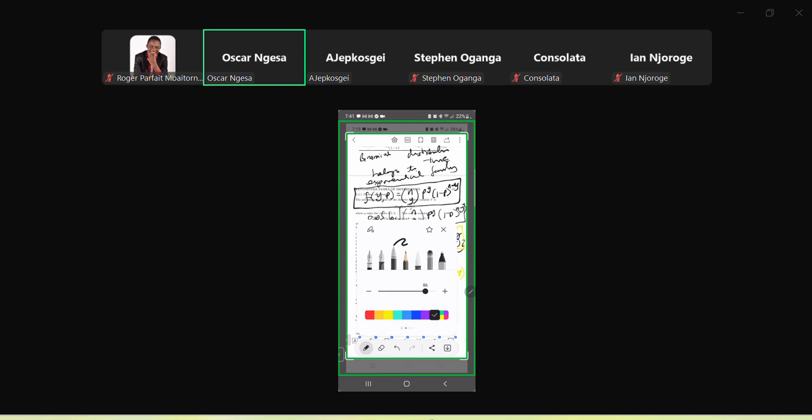We get another color. Okay, so we have y log(1 minus p), and we also have y log p. Is that okay? So we can factor out the y.